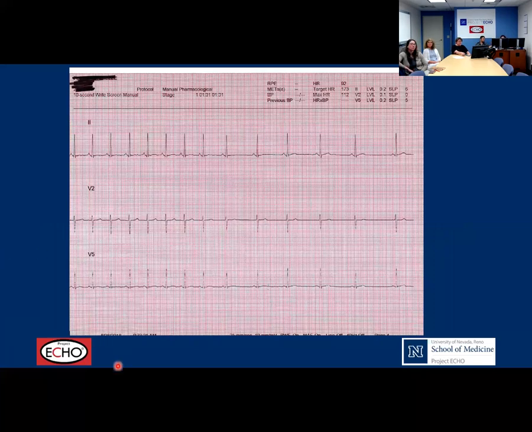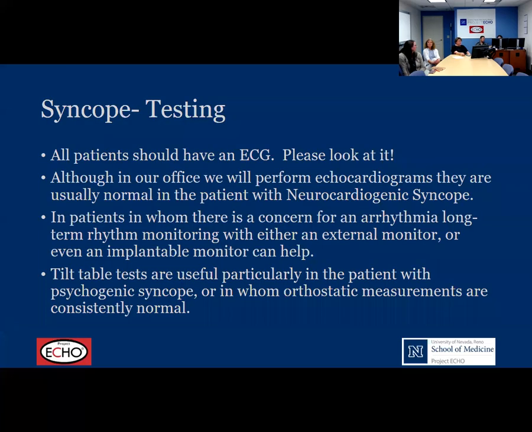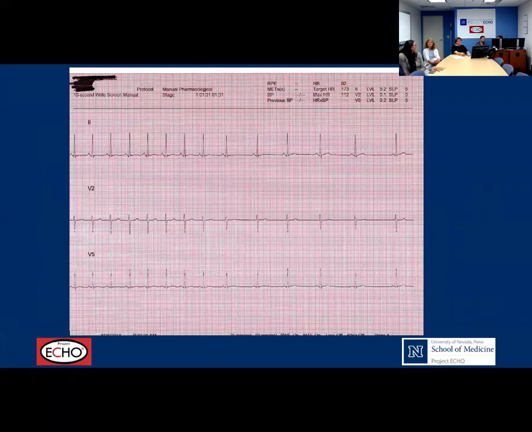And there are some other things on EKG besides the long QT, and I have an example that I will point out. In this EKG, if you go from the left of the screen to the right, you'll see that the patient's heart rate is slowing down.